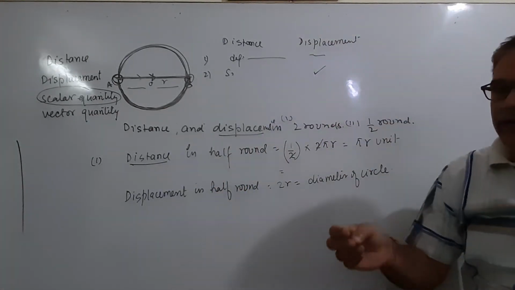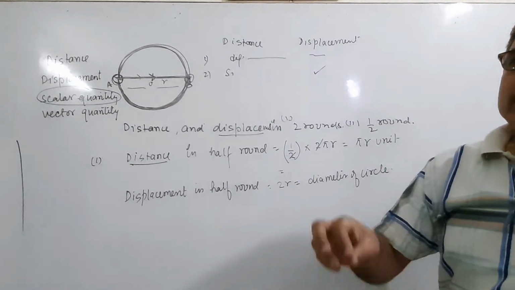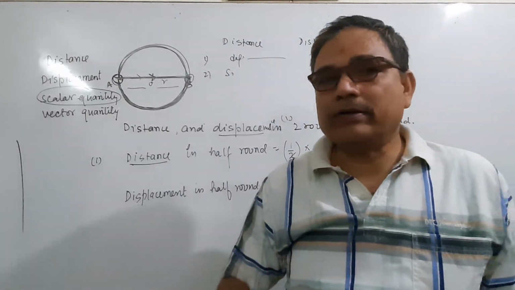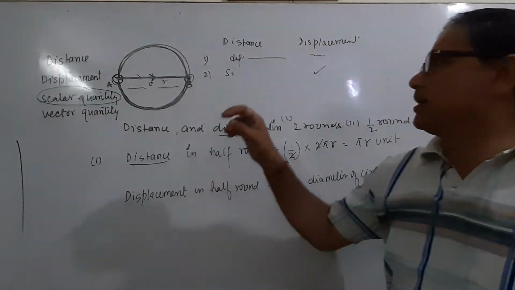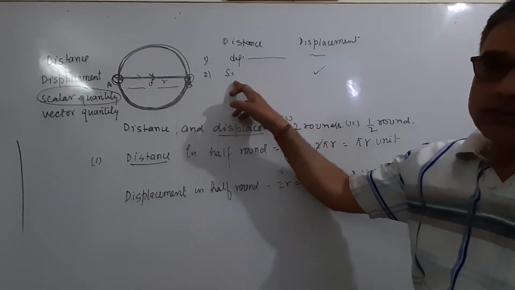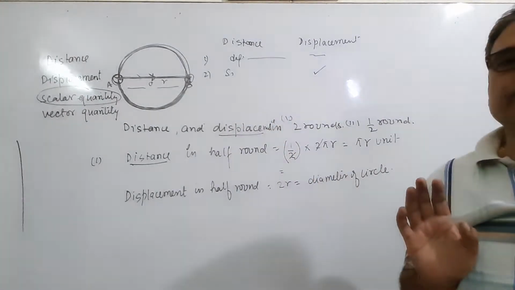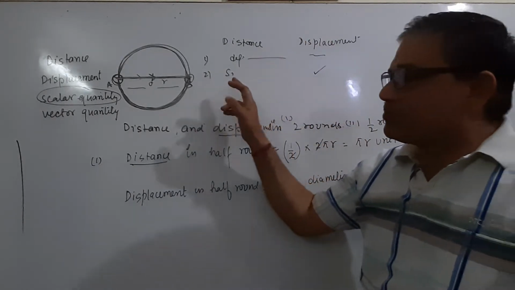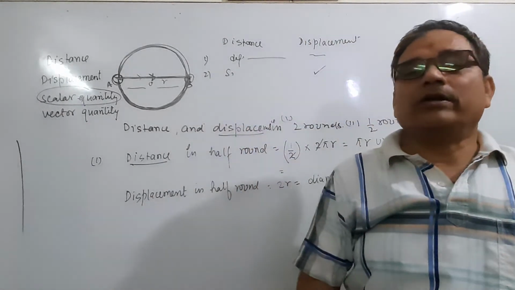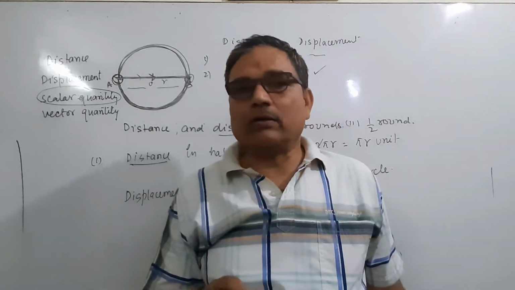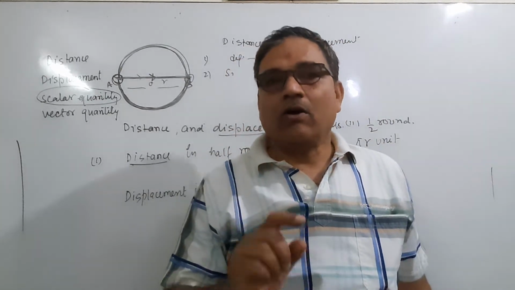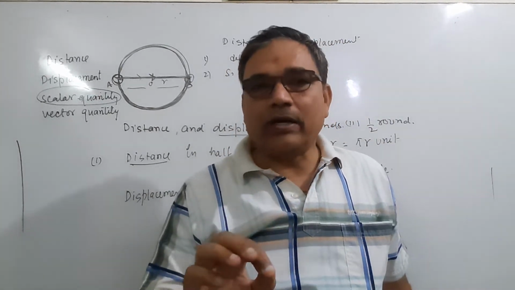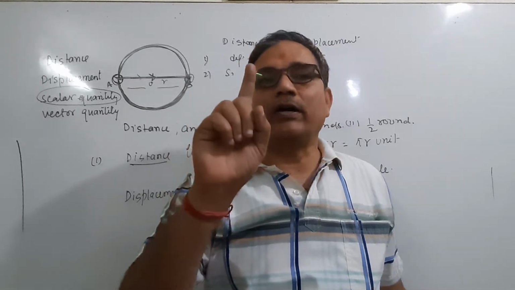Whereas displacement can be zero, and the value of displacement is either less than the distance or equal to the distance. The distance and displacement will be equal to each other only in one condition: when an object is moving in a straight path in one direction.